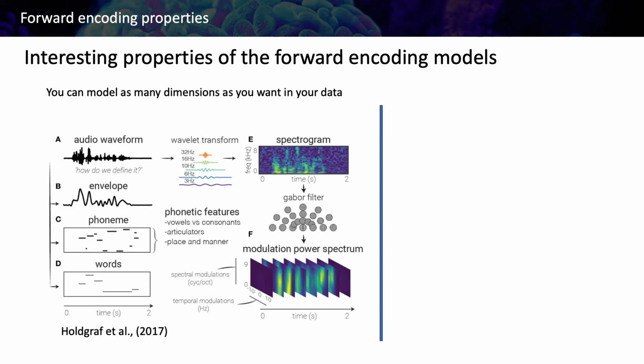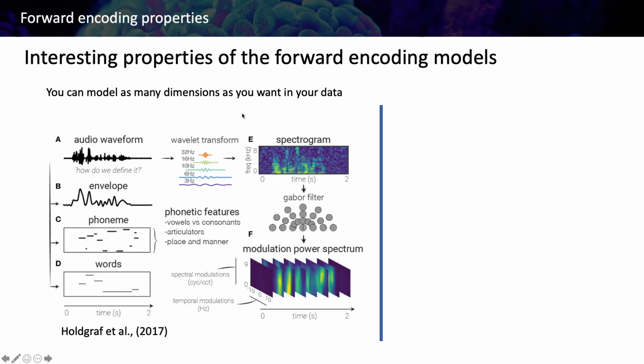But you don't need to limit yourself to the acoustic characteristics of the stimulus. You can maybe use another feature that is the envelope, or you can go higher and use the phoneme deconstruction, and even higher and use a word deconstruction.